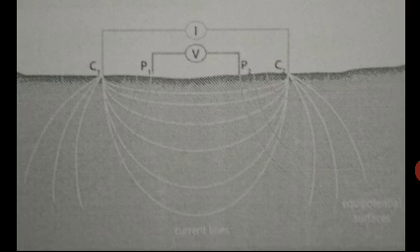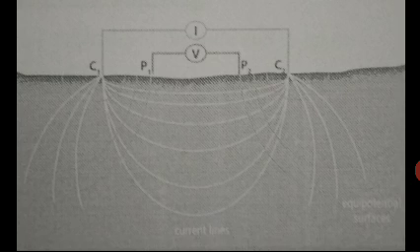We pass the current through C1, C2 and measure the voltage across P1, P2. This method was developed by Wenner in 1915.